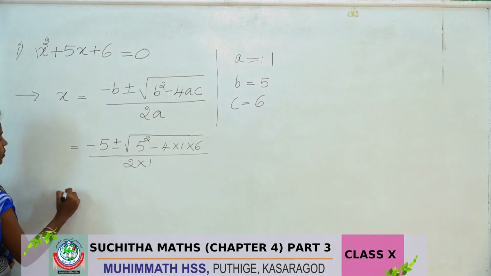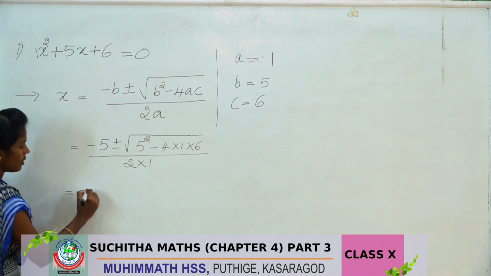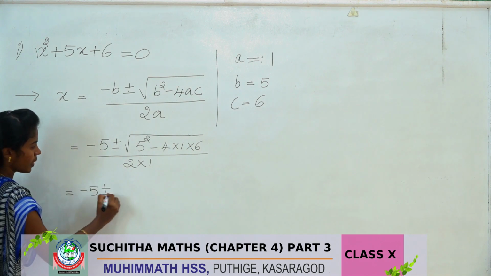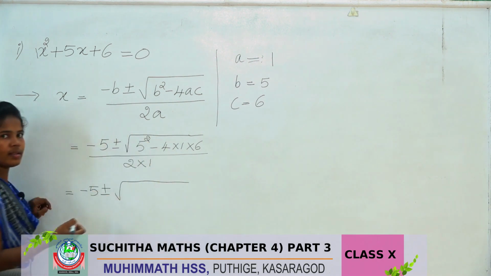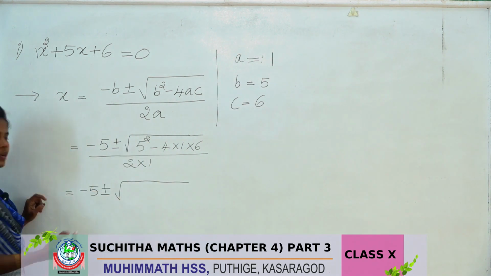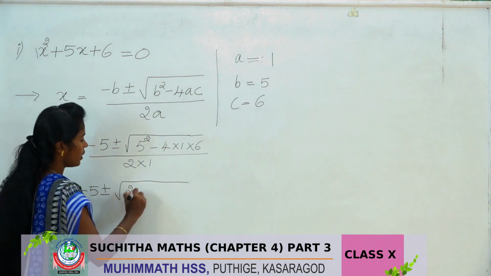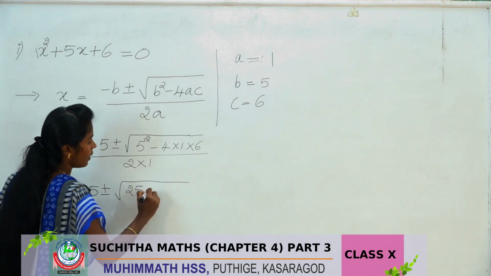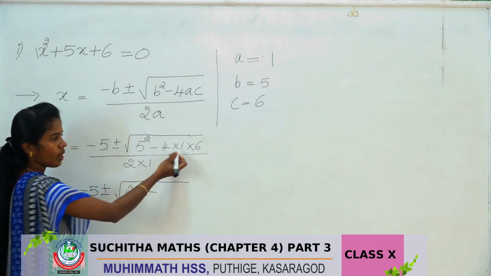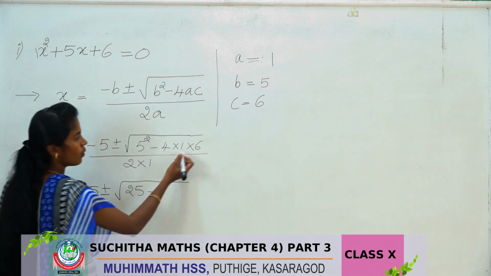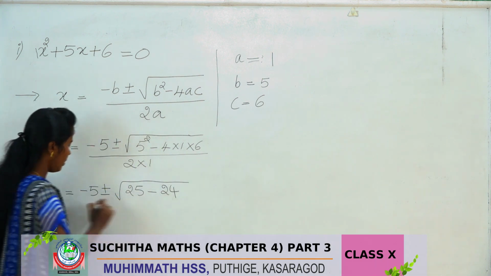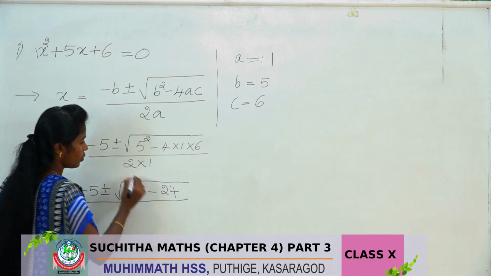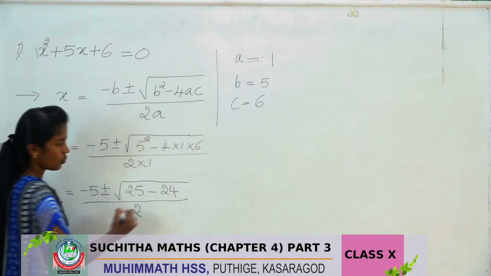That is equal to minus 5 plus or minus square root of 5 square, which is 5 into 5, 25, minus 4 into 1 into 6, 24, divided by 2 into 1, which is 2.